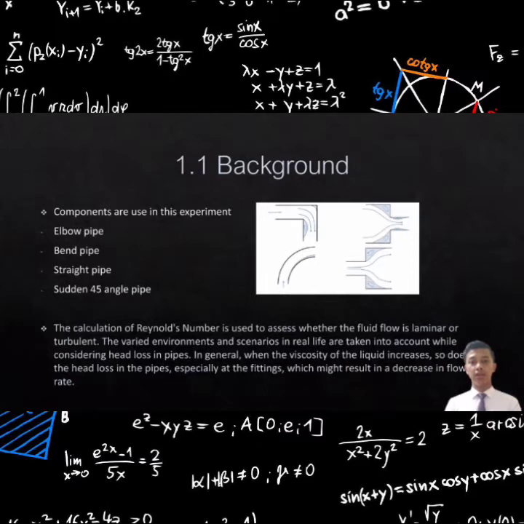The calculation of Reynolds number is used to assess whether the fluid flow is laminar or turbulent. The various environments and scenarios in real life are taken into account while considering head loss in pipes. In general, when the viscosity of the liquid increases, so does the head loss in the pipe, especially at the fitting, which might result in a decrease in flow rate.